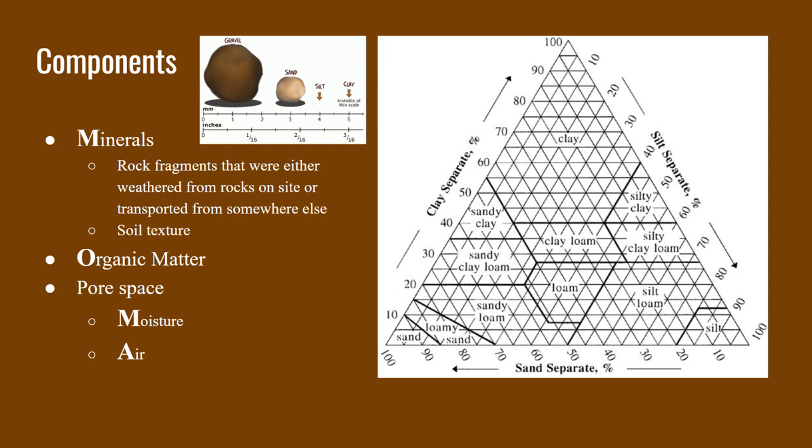Pore space is also very important to soil, specifically for groundwater, as with larger pore spaces and more connected spaces, groundwater can seep into the soil, and the soil can harbor large reserves of this groundwater.